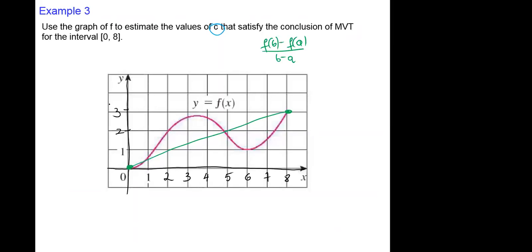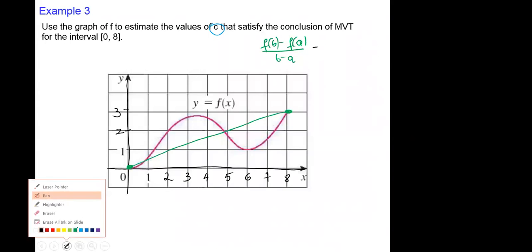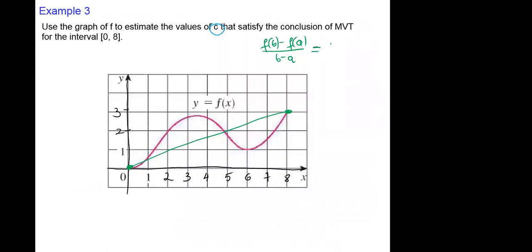Rise over run. It's 3 over 8. We don't really have to know exactly, but just 3 over 8.